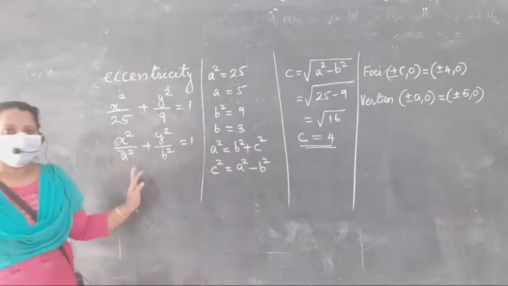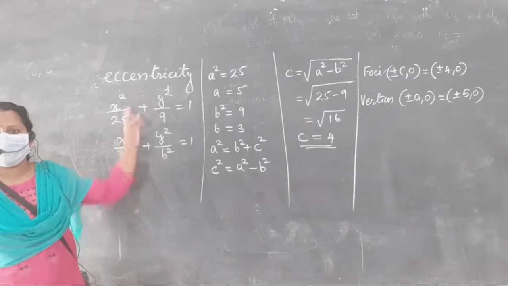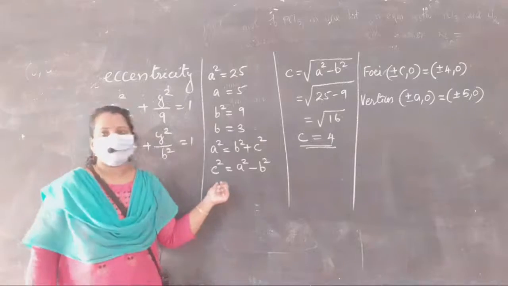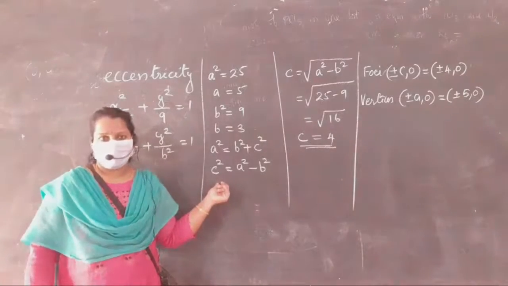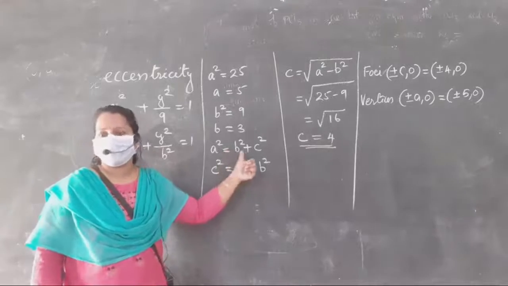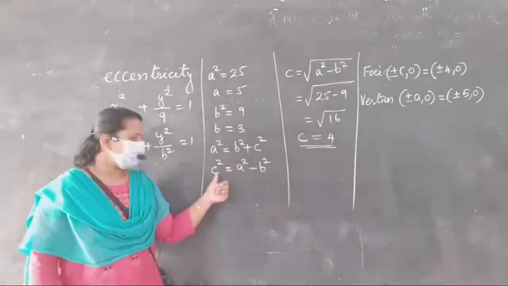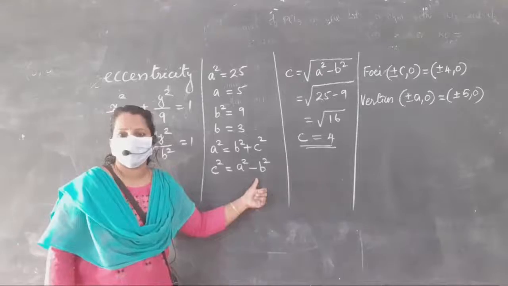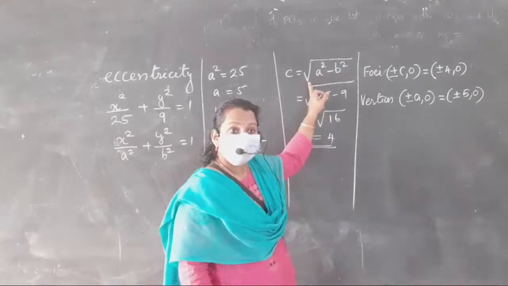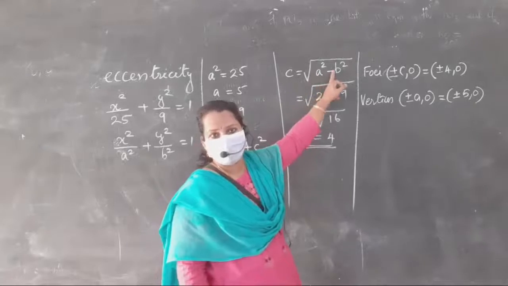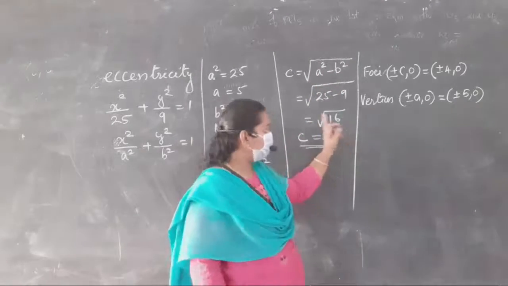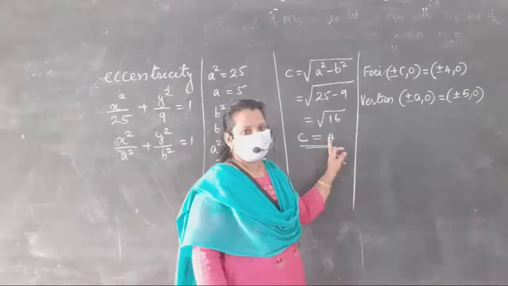So again, the general equation is x square by a square plus y square by b square, then find value of c. The relation between a, b, c is a square equal to b square plus c square. From this, c square equal to a square minus b square, so c equals root of a square minus b square, that's root of 25 minus 9, which is 16, root 16 equal to 4.